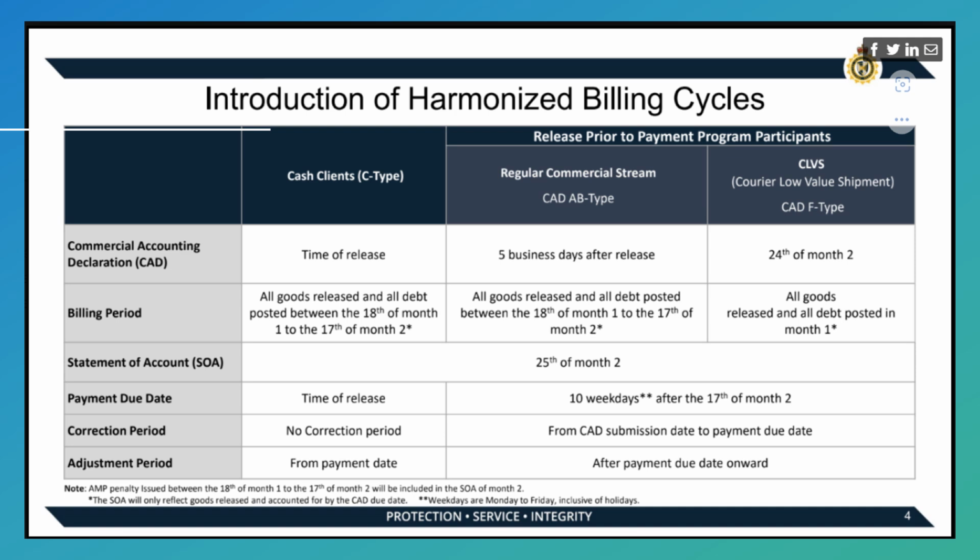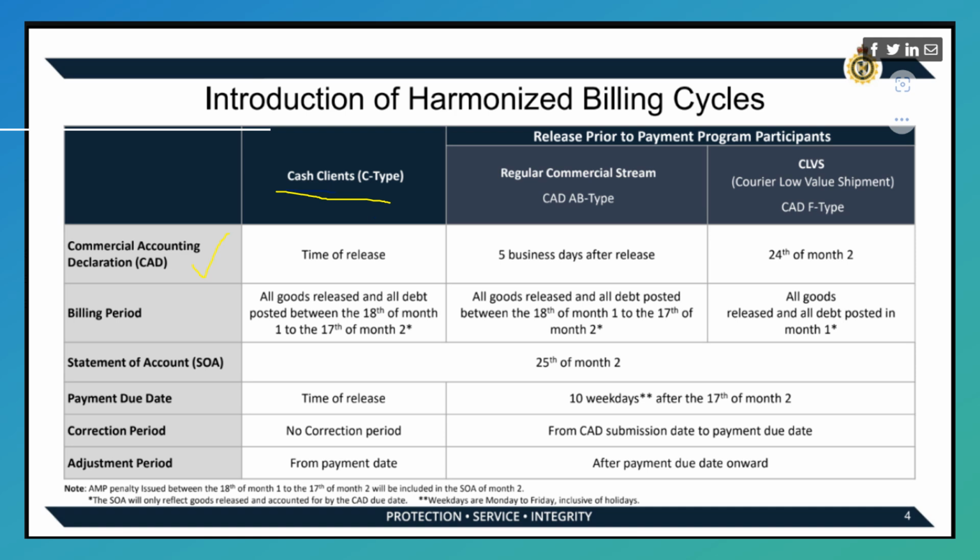So if you have a cash client, remember this type of cash entry is done at the border. The payment is made immediately. At time of release, you account your CAD, you receive your CAD, and all that is paid immediately. There's no need to wait.